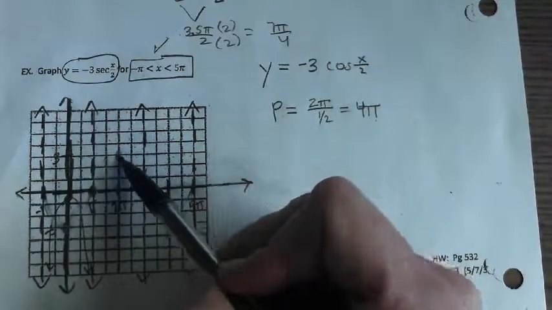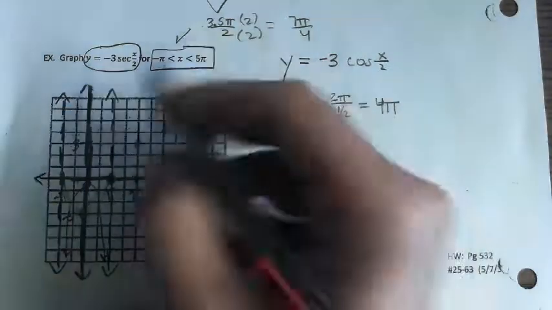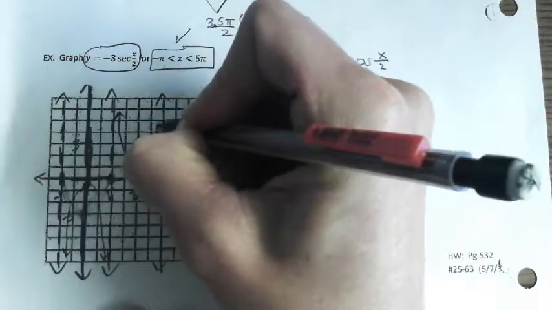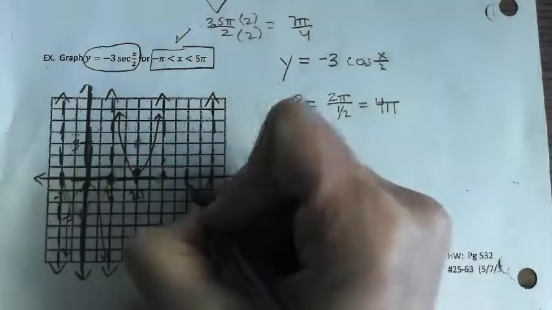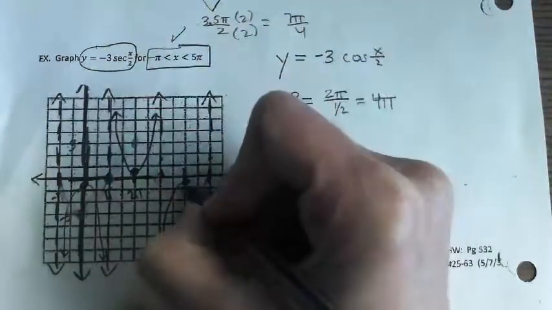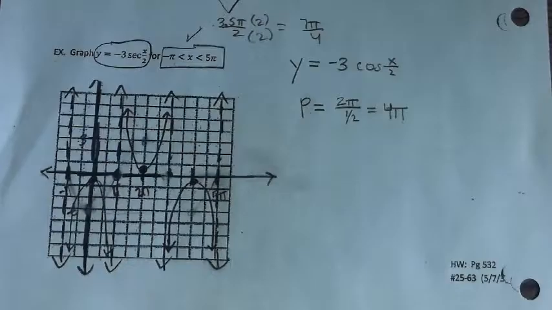And then over here, there was a maximum on the top of our cosine curve of 3. The reciprocal of that is 1/3. And then we just do one more of these negative 1/3 ones between the last set of asymptotes. Any questions? We're good?